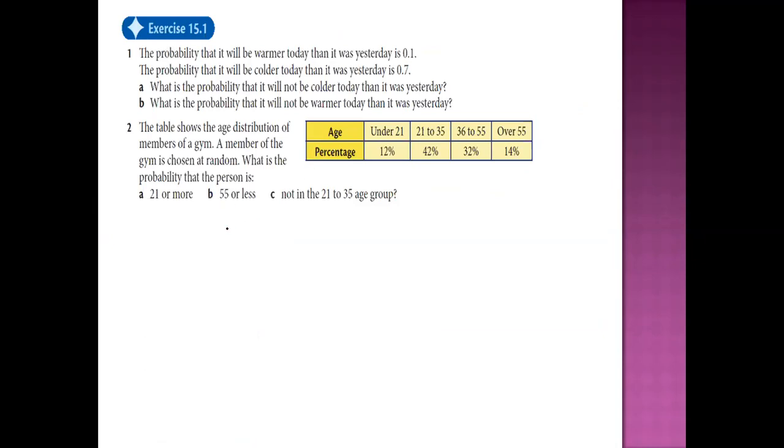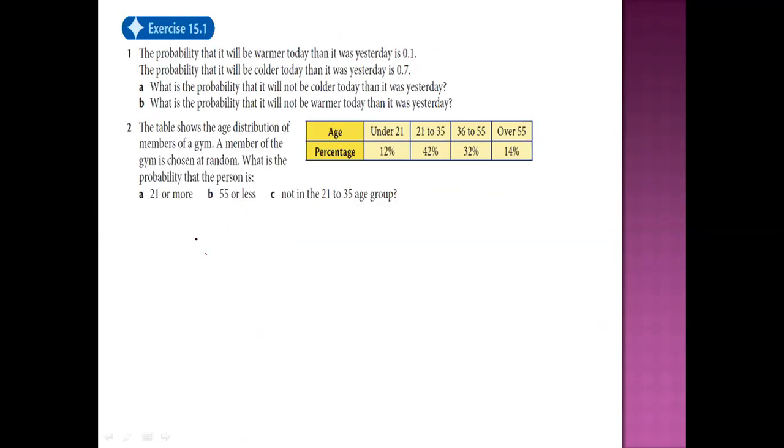And if you have books, please, you can choose yourself, okay? The probability that it will be warmer today than it was yesterday is 0.1. So, for example, yesterday it was 15 Celsius, and today is warmer than yesterday, for example 16 or 17, more than 15.